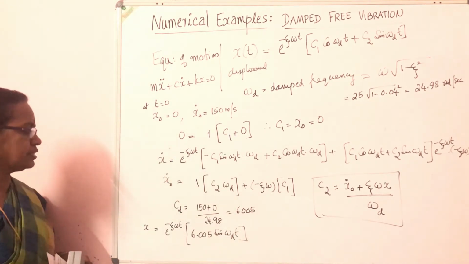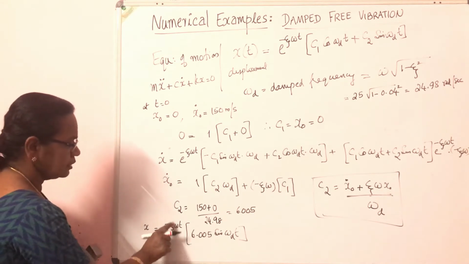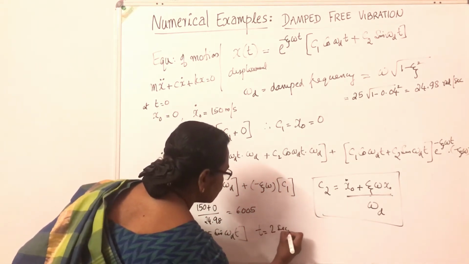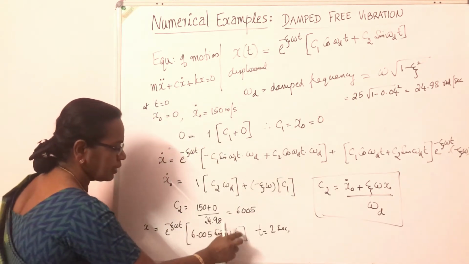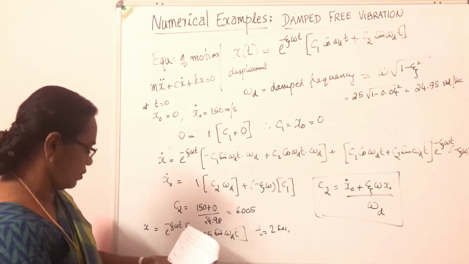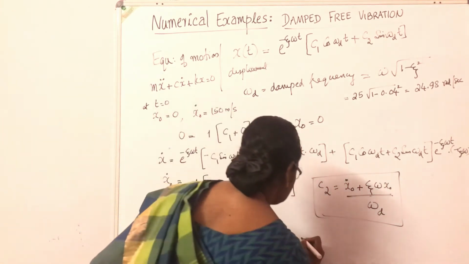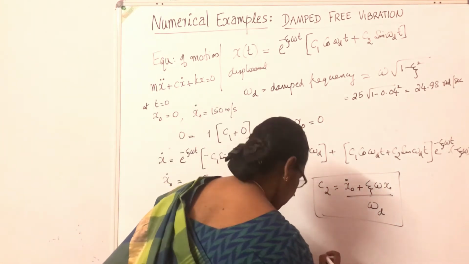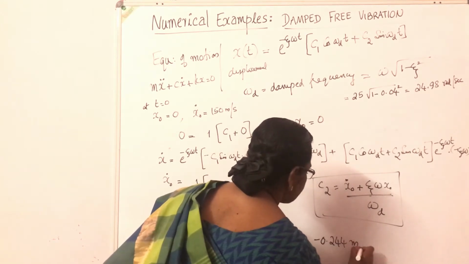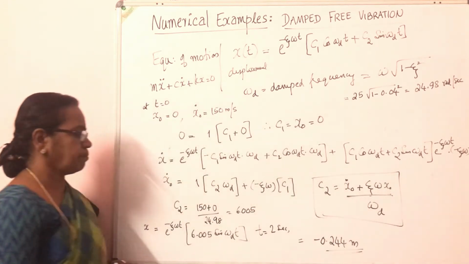So the displacement at any time is given by this expression. In this, you put t equal to 2 seconds, and the sin omega dt should be in radians. Substituting the values, we will get the answer as minus 0.244 meter.